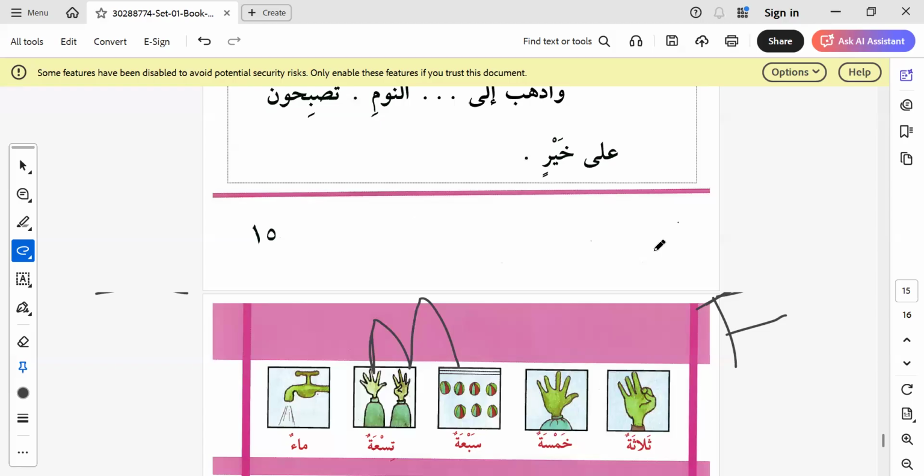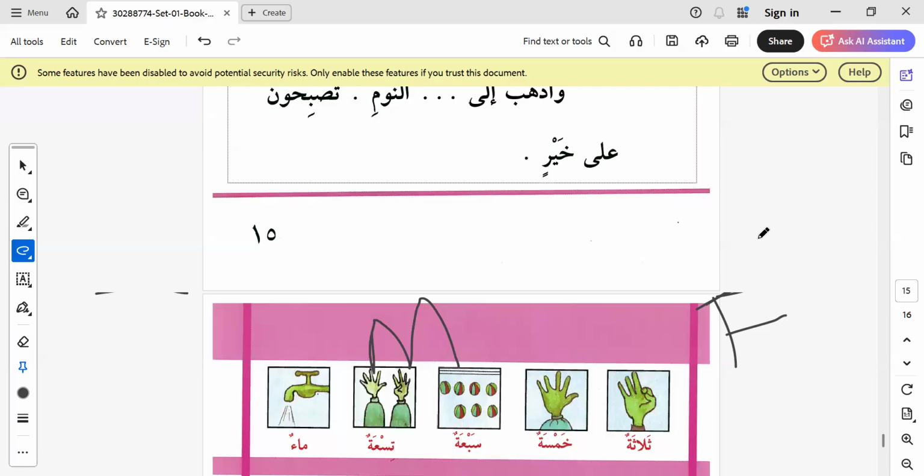In the beginning of this lesson, I counted 1 to 10, giving you both masculine and feminine gender. واحد واحدة اثنان اثنتان ثلاثة ثلاثة أربع أربعة خمس خمسة ست ستة سبع سبعة ثمان ثمانية تسع تسعة عشر عشرة. I will go on that.